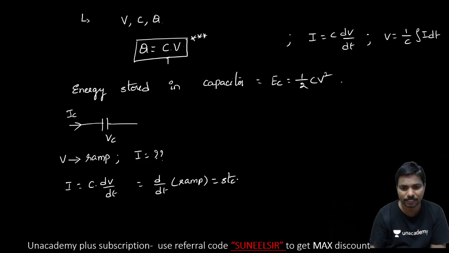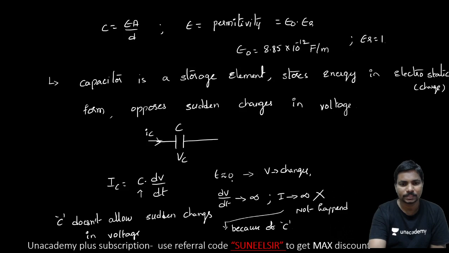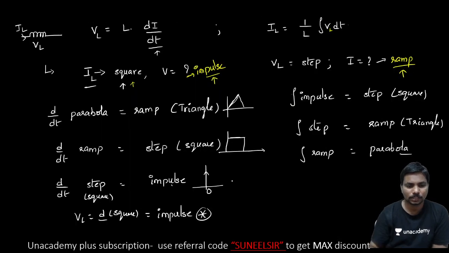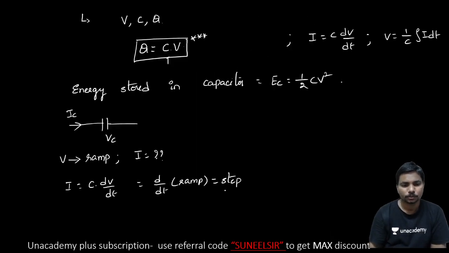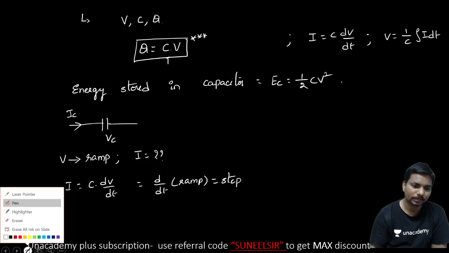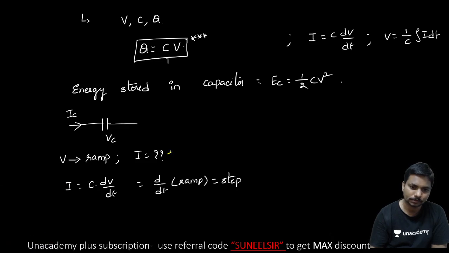Step. I have covered this in the previous session: differentiation of ramp is step, differentiation of step is impulse, differentiation of parabola is ramp, and the integrations also. You can watch that in the previous session. So differentiation of ramp is step, so the answer for the current is a step.